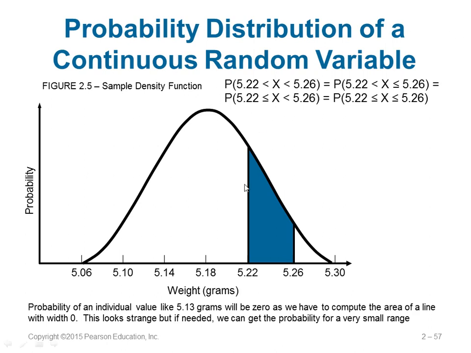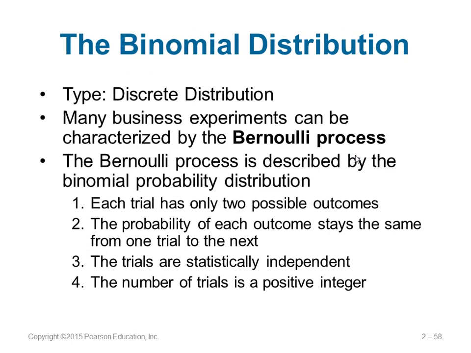Similarly, if I add 5.22 alone, or both of them, the probability of 5.22 less than x less than 5.26 is equal to 5.22 less than x less than or equal to 5.26. Adding any one point or not adding that point will not make any difference here.